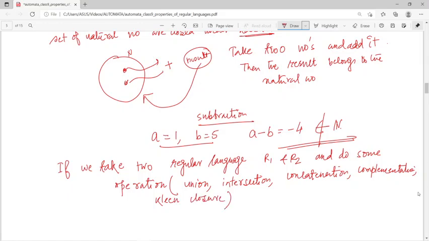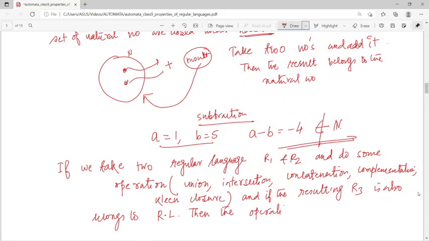If we do some operations like union or intersection, and the resulting language, say R3, also belongs to the regular languages, then we can say that particular operation is closed under closure, that is the closure property.